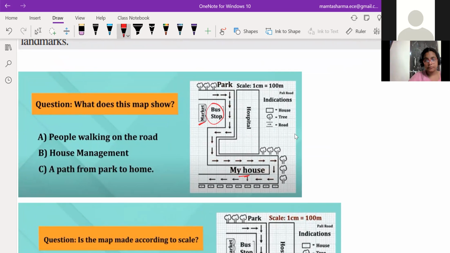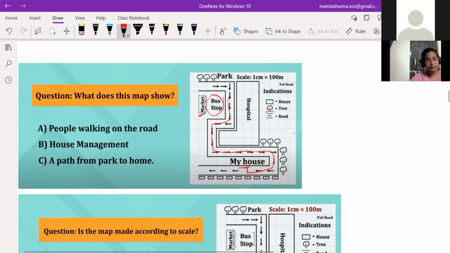From the bus stop to my house, this is a route. The arrow shows the route from the bus stop to my house. And there is a hospital on the other corner. For the tree, house, road we can use different symbols, and using these symbols you can construct a map.